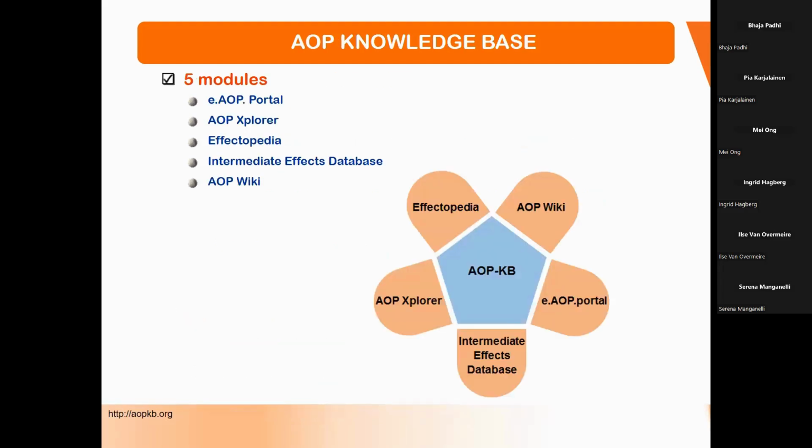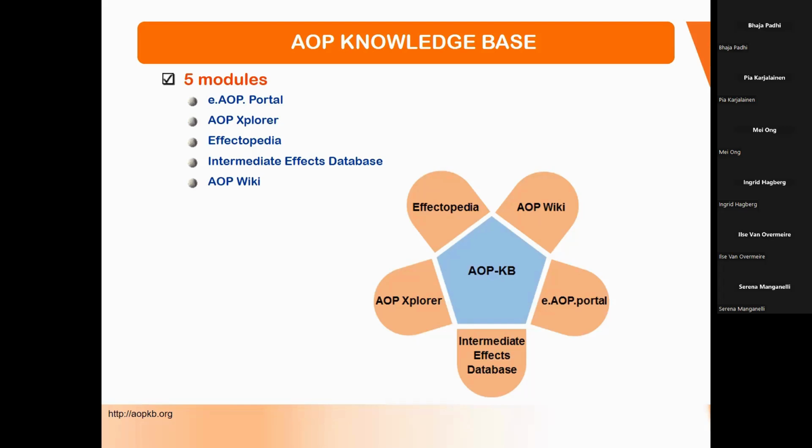So I already mentioned the OECD, and indeed they are very active in the AOP field. One of the very nice initiatives, initiated several years ago together with a number of other agencies like the US EPA, was the establishment of this AOP knowledge base, which is publicly accessible and available.